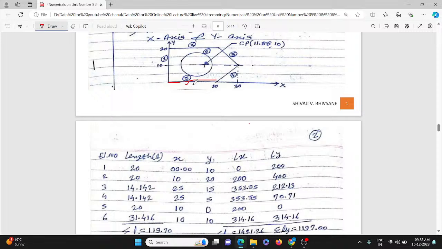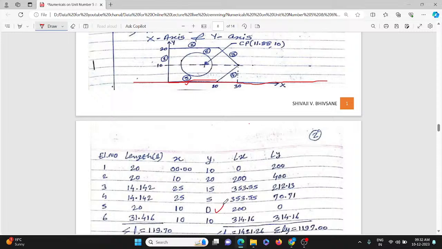You can see it is lying there on the x-axis. The centroid will be somewhere on this particular line. So basically it is lying on the x-axis. So the distance is 0.